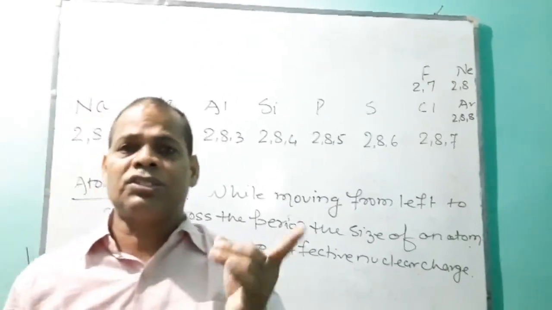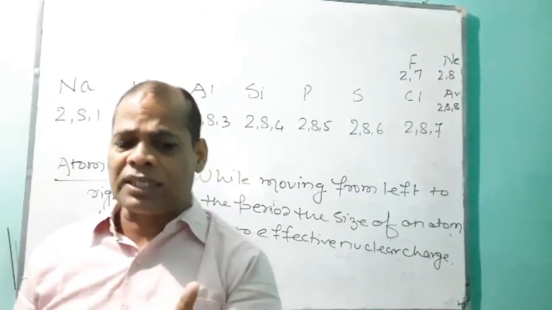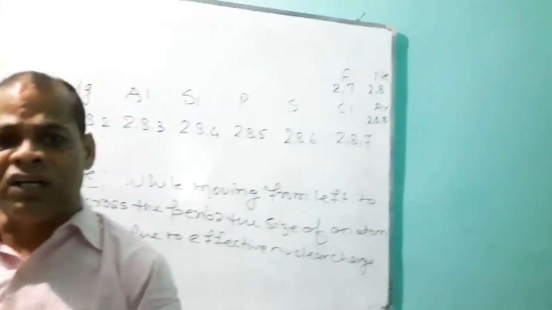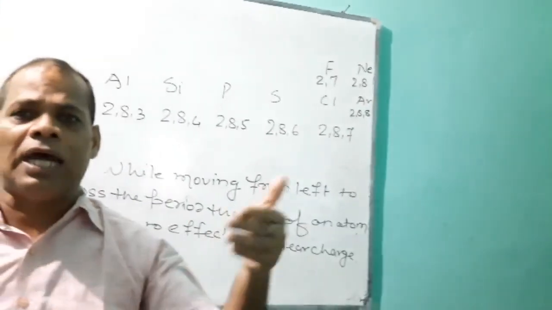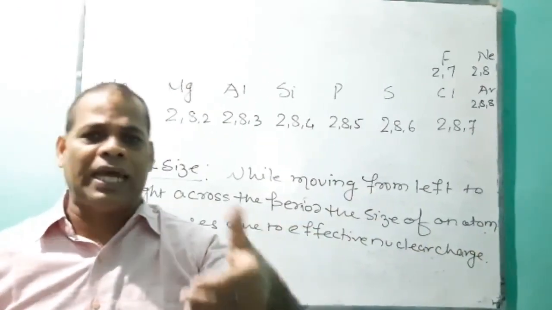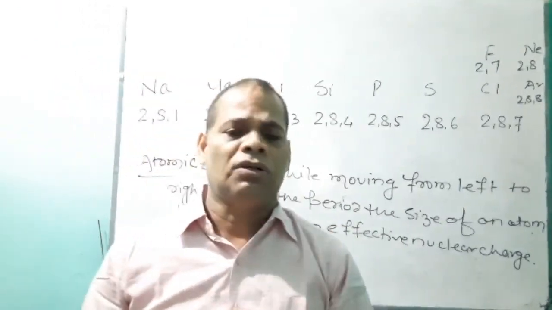What is structure stability? The outermost shell is completely filled, due to which the inert gas family has a bigger size as compared to the halogen family.